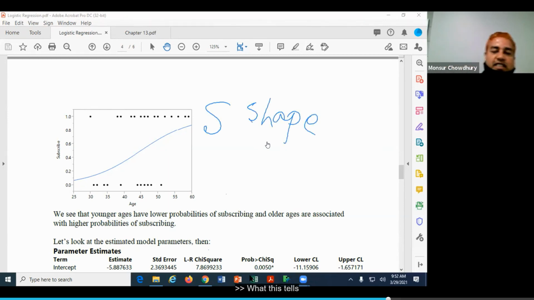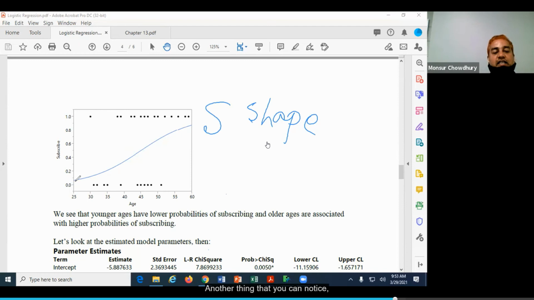So what this tells us is, what is the chance that someone will subscribe to a newspaper depending on their age? If the person's age is lower, the chance of subscribing to a newspaper is lower. If the person's age is getting older, you can see it's getting higher and higher. That means the chance that they will subscribe to a newspaper is higher.